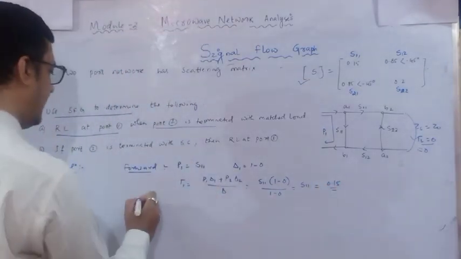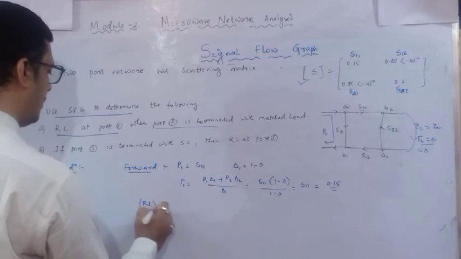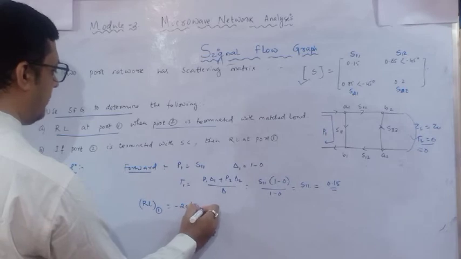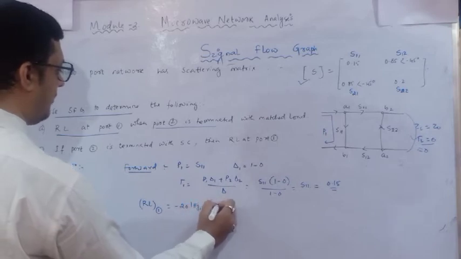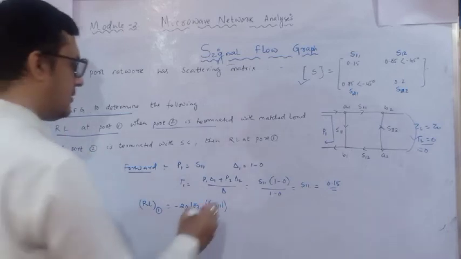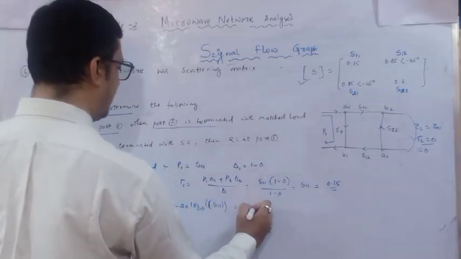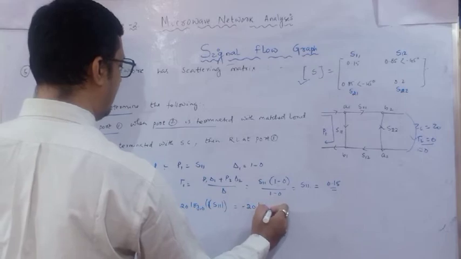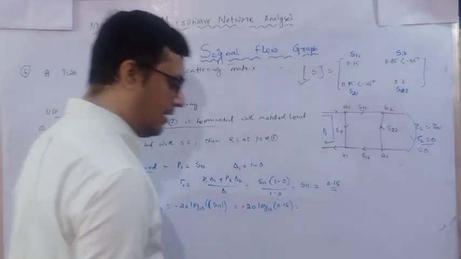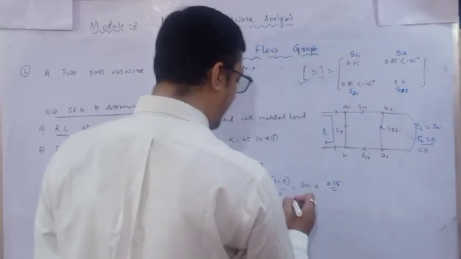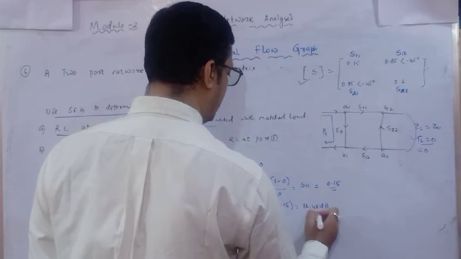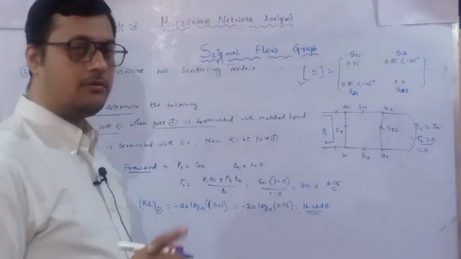Then the return loss at port 1 is equal to minus 20 log base 10 of mod S11. This is our relation, we have already seen. So I will directly substitute minus 20 log base 10 of 0.15, and you will get around 16.48 dB.